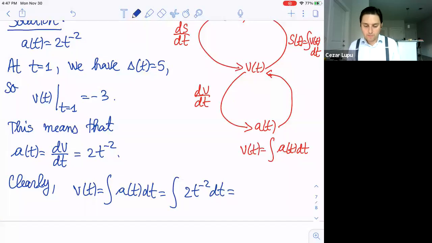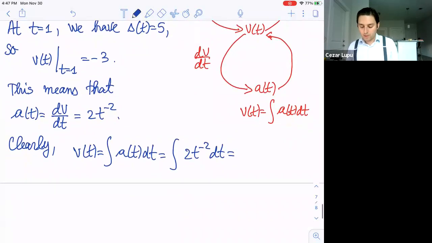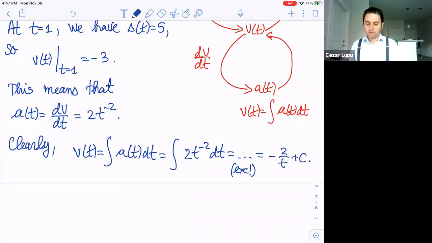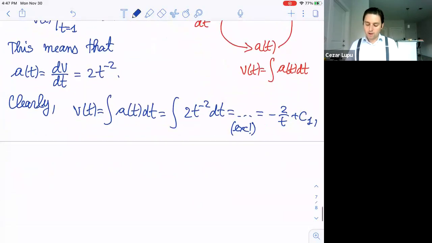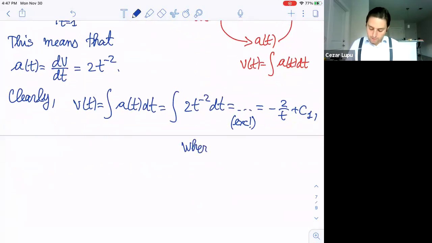And this guy here, if you compute this, and I'll leave the details to you as an exercise, you can fill in the blanks. This will be nothing else than -2 over t plus a constant, right? And let's just say it's C1 here, because we're going to deal with a lot of constants, where C1 is a constant.